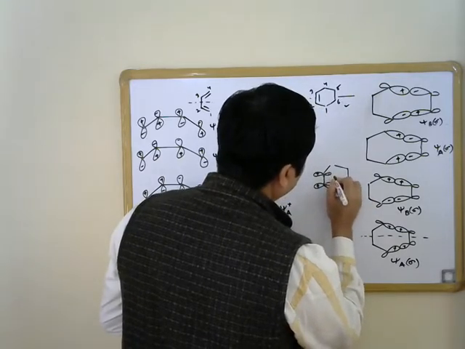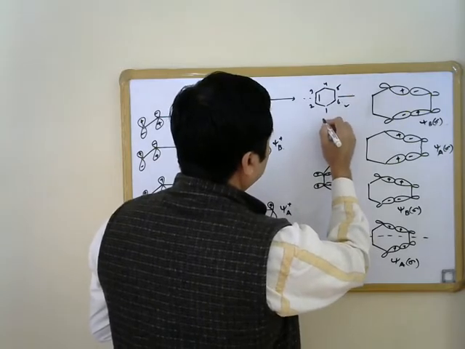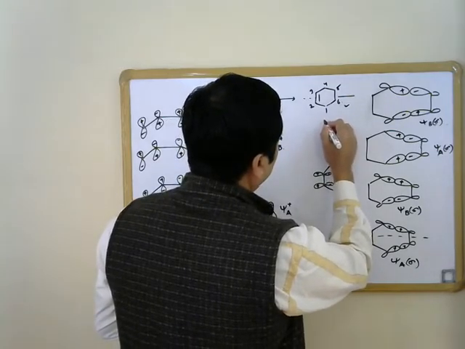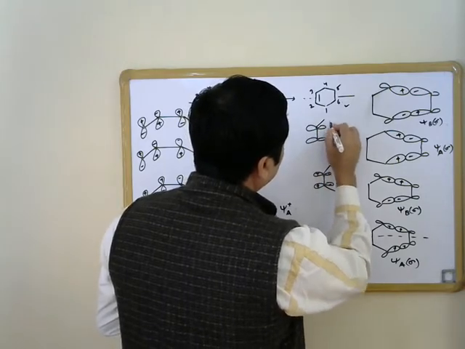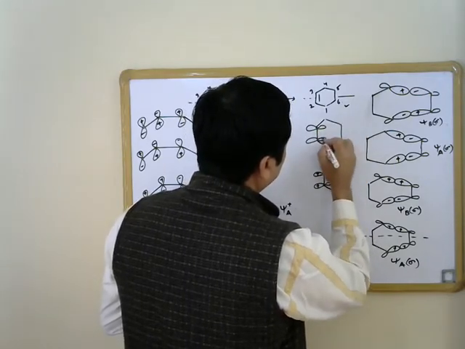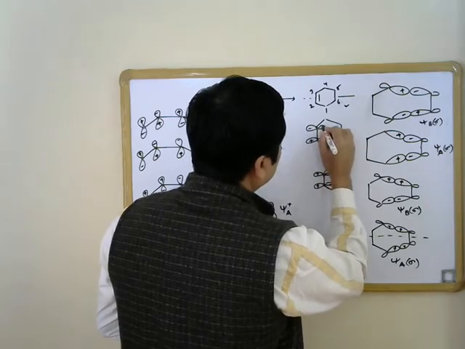This is the pi bonding molecular orbital, and then we also have the pi anti-bonding molecular orbital in the product.